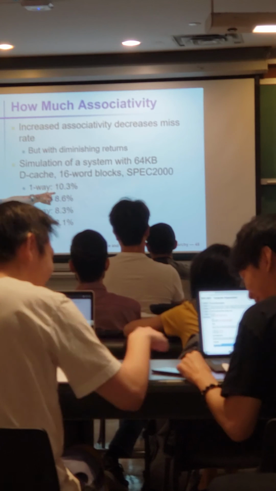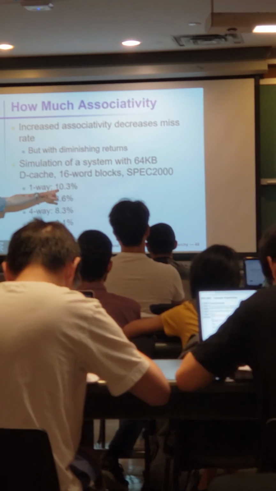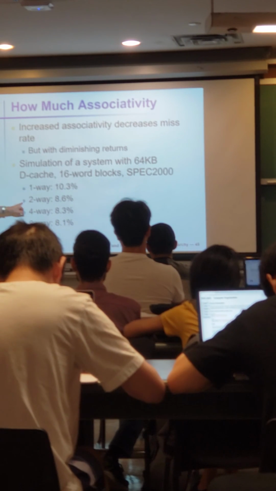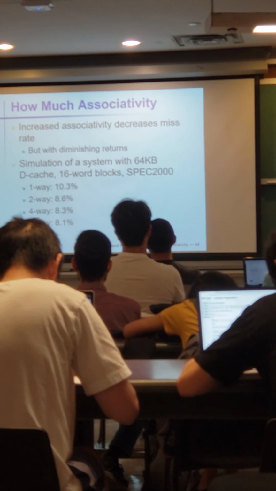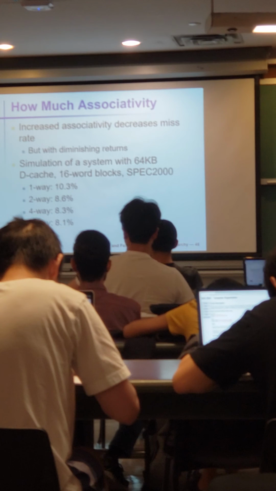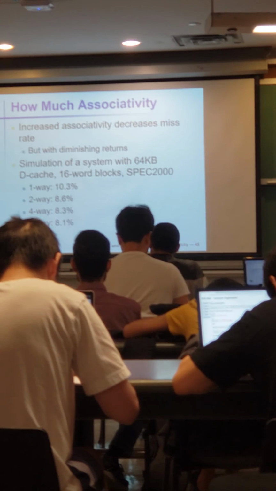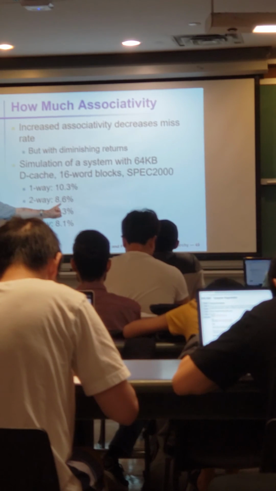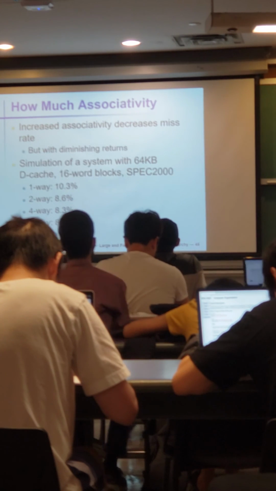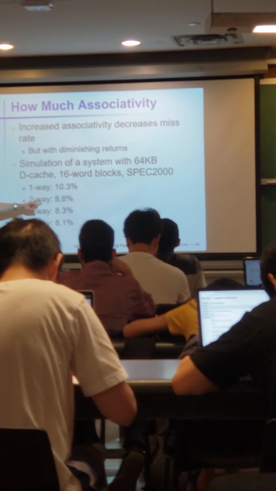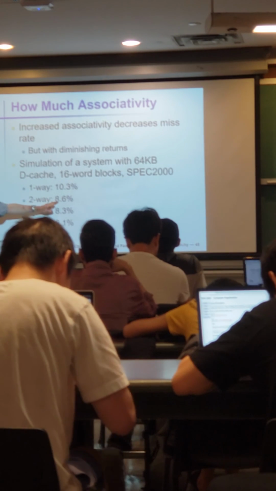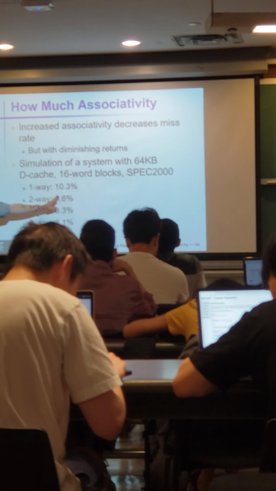The amount of memory in your cache is the same. So this is the point here. With the same amount of memory, if you just restructure, wire it in a different way, you will get fewer misses. So how much? About 2% fewer misses, right?